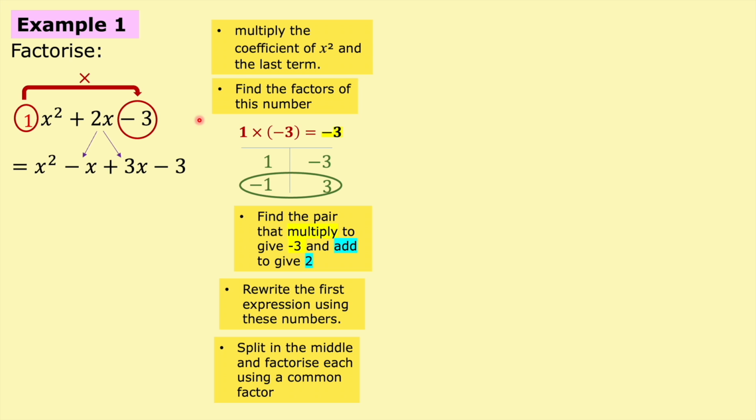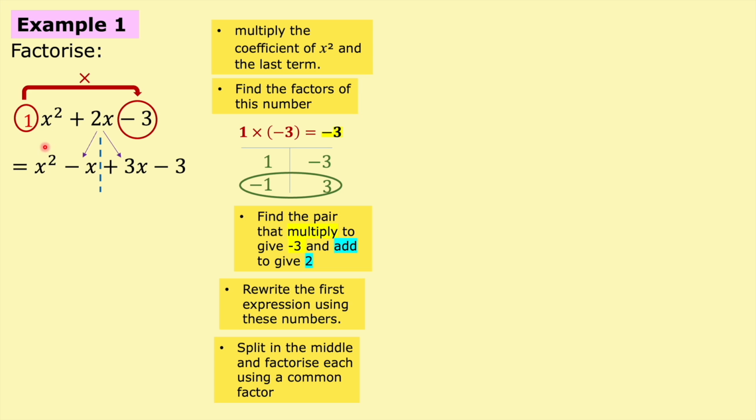Then we need to split this expression straight down the middle, like this, and factorise each part using a common factor. If we look at the first part of the expression, we've got x squared subtract x, so we factorise this using a common factor.